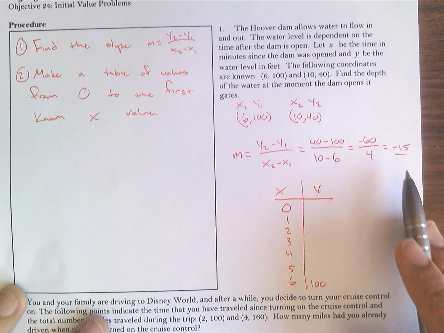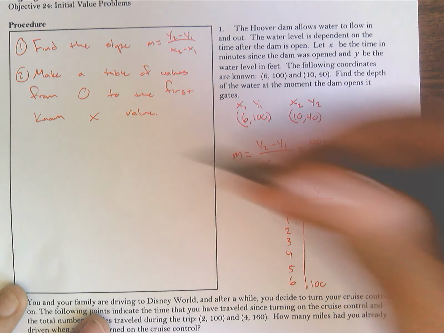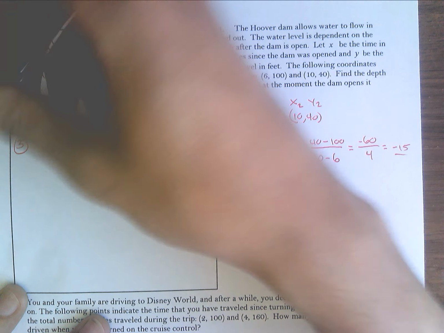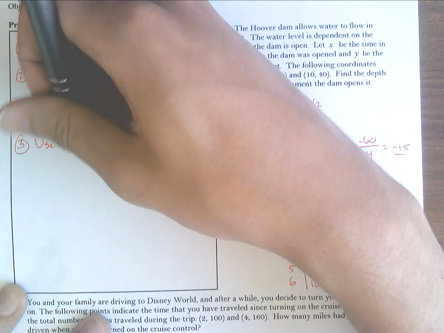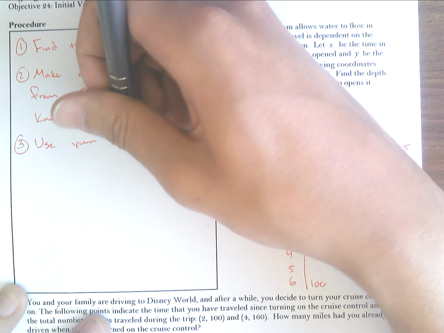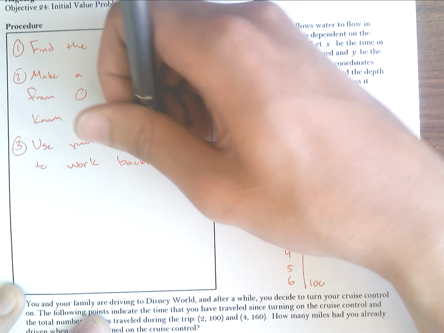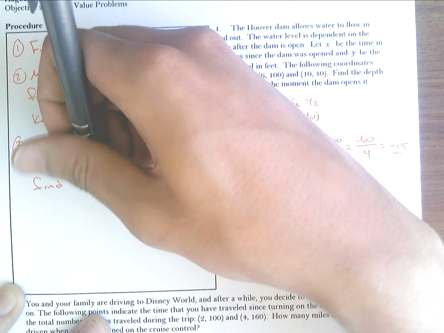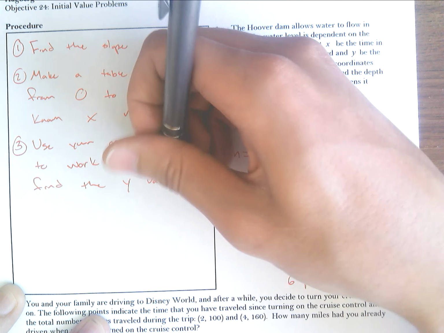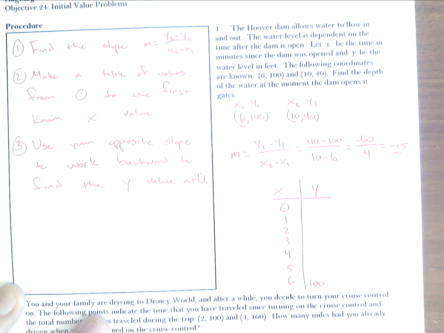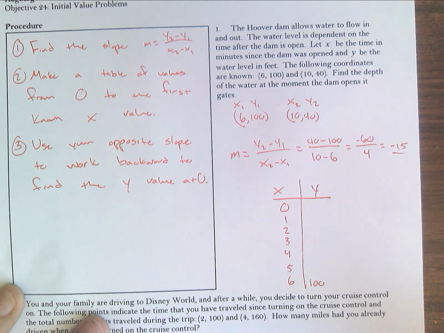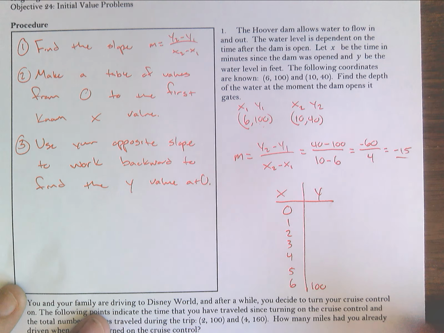Now, we also know that our slope is negative 15. We're going to use that in step 3, which is to use your opposite slope to work backward to find the y value at 0.